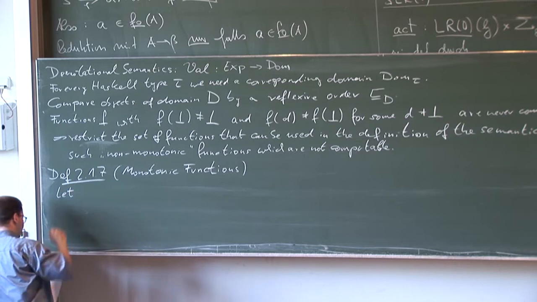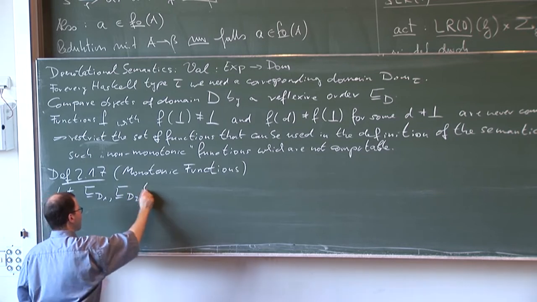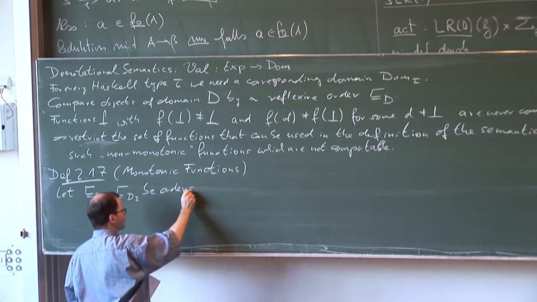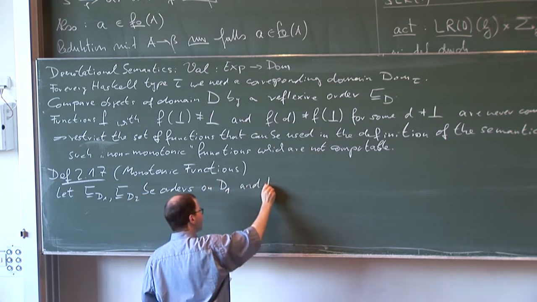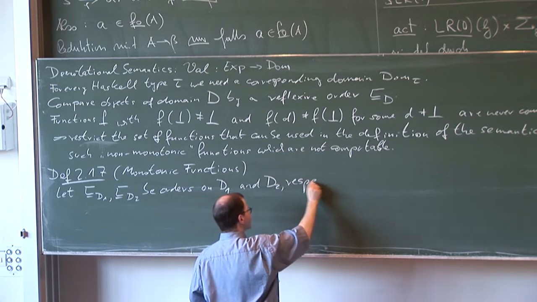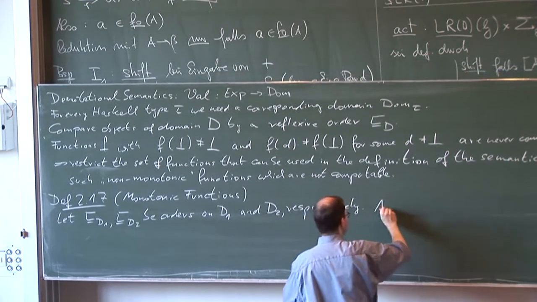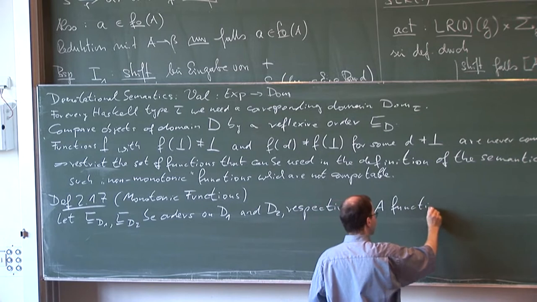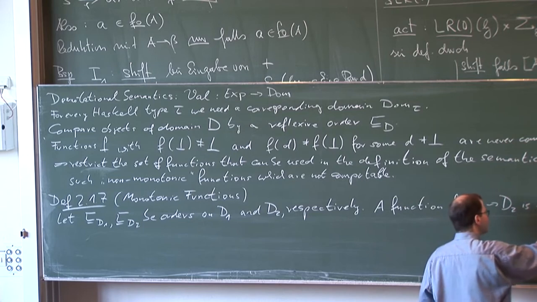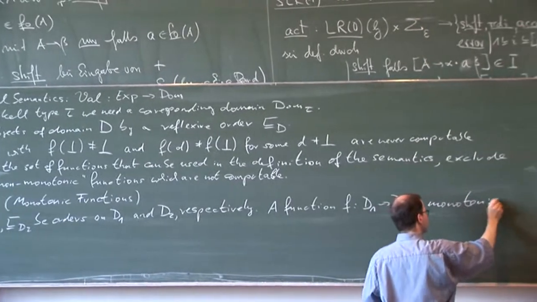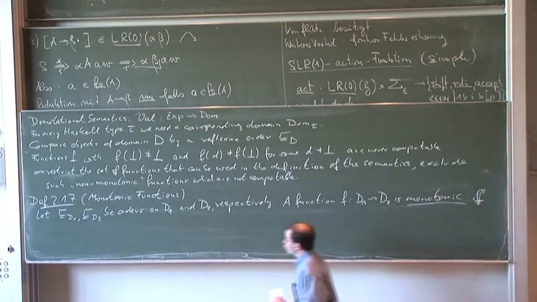So if we have two partial orderings, let these be orders on D1 and D2 respectively, then we say a function f from D1 to D2 is monotonic if the following holds.